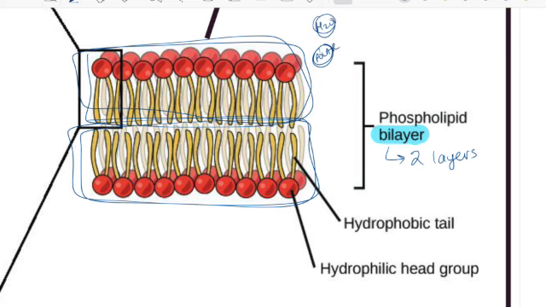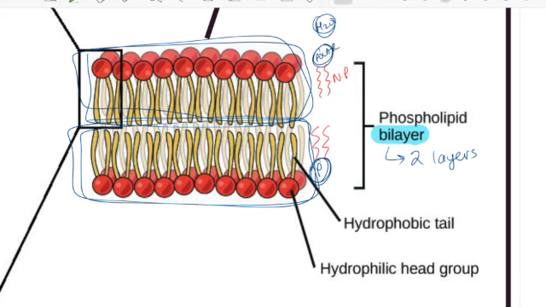The nonpolar tails are always facing in. They point towards each other, these nonpolar parts. And the polar phosphate group and glycerol point away, towards the water. They always want to face the water.